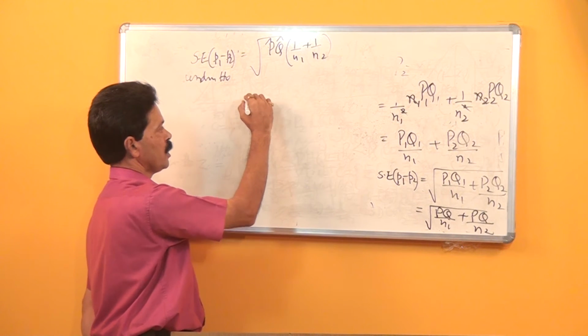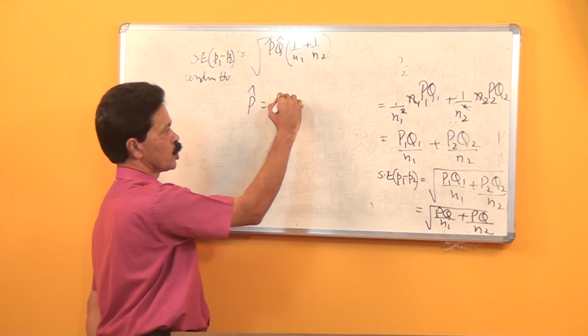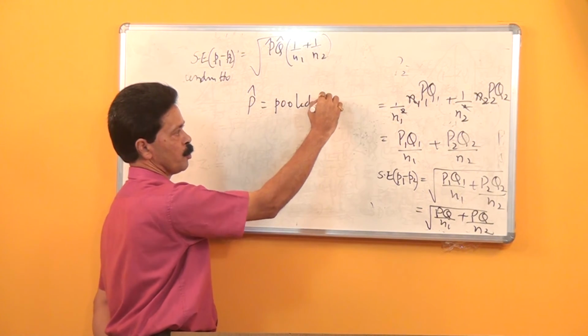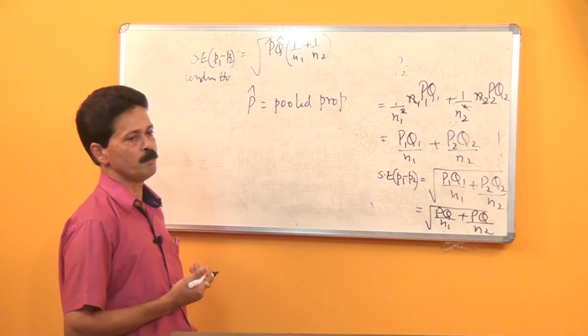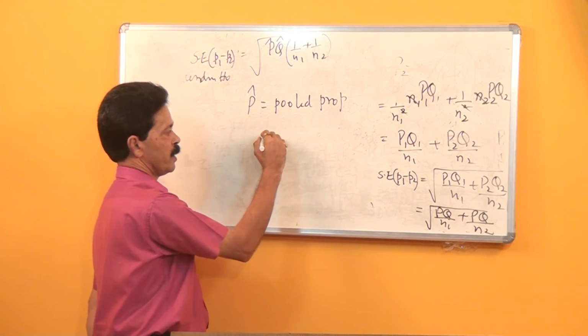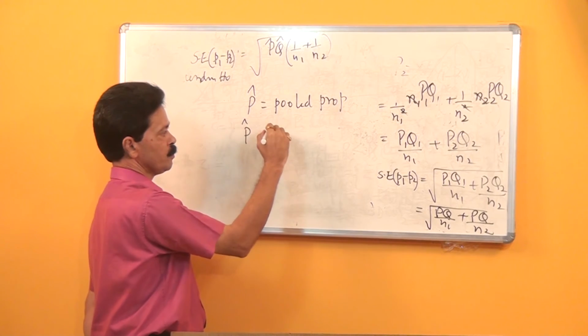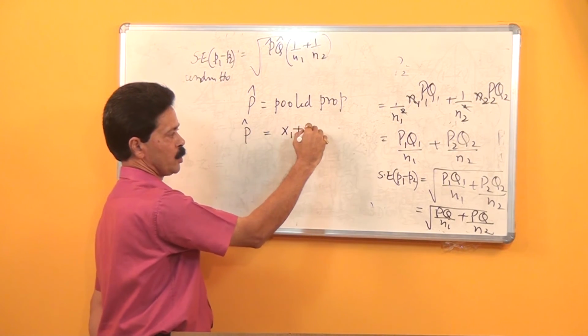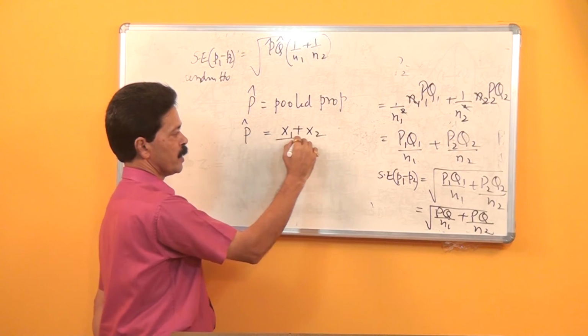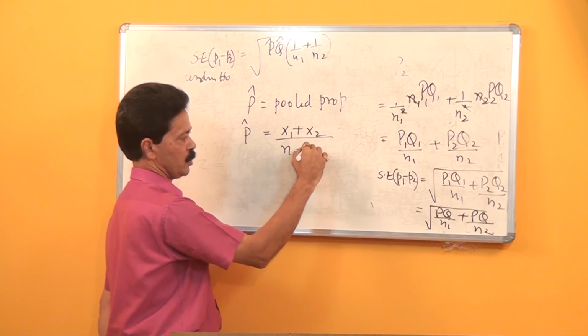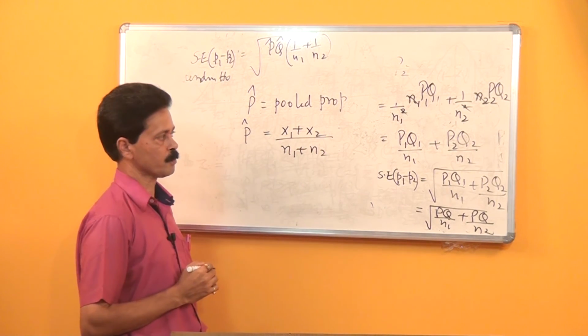P cap is nothing but the pooled proportion, or combined proportion, which is obtained using the pooled sample. That is P cap equal to the total number of individuals possessing the characteristic in the two samples divided by the total sample size N1 plus N2.